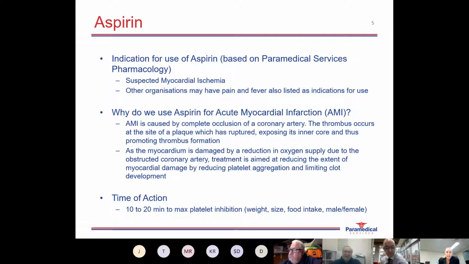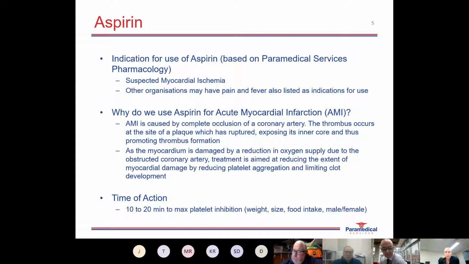Excellent. Okay, so just to reiterate, we've got an insult to the inner component of an artery, and because of that insult, we have platelet formation occurring, and as that platelet formation continues, the bigger it gets, the greater the blockage that occurs in the artery.